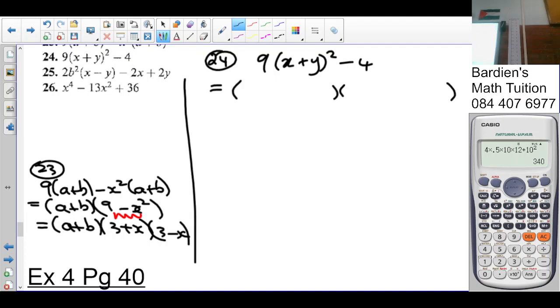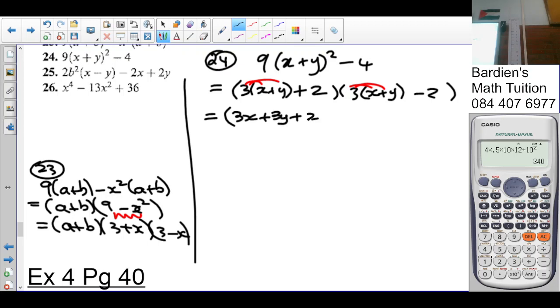The square root of 9(x plus y) all squared is 3 into x plus y, and the square root of 4 is 2. So what do we do now? Put the brackets inside the bracket, not so? So what do we have? 3x plus 3y plus 2, 3x plus 3y minus 2.